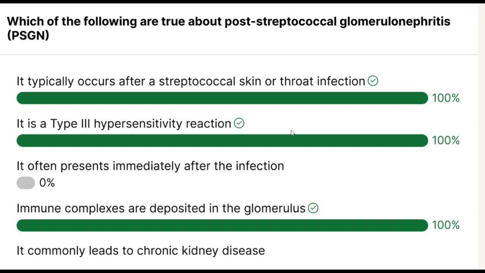And immunocomplexes are deposited in the glomerulus is correct because it's a type 3 hypersensitivity reaction, and it commonly leads to chronic kidney disease is wrong. It's acute nephritic syndrome. It's easily managed. Just give them penicillin and they'll be fine. If there are no questions, then we can move on to the next part.